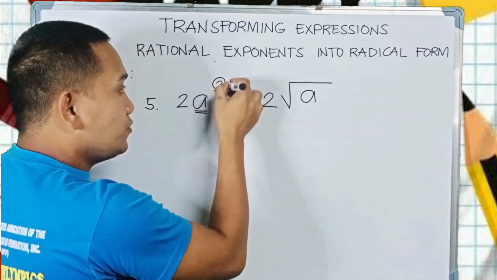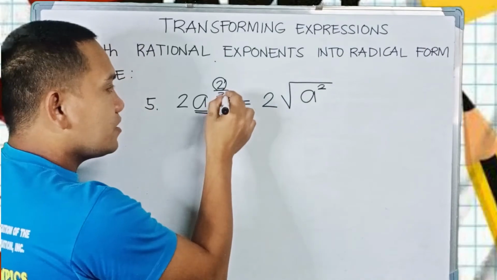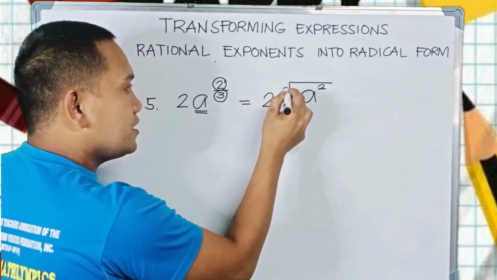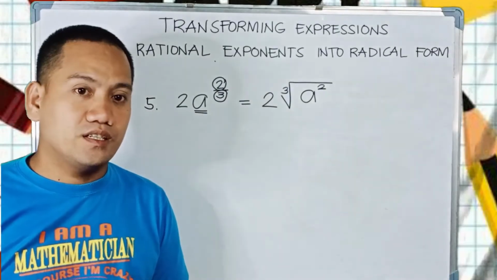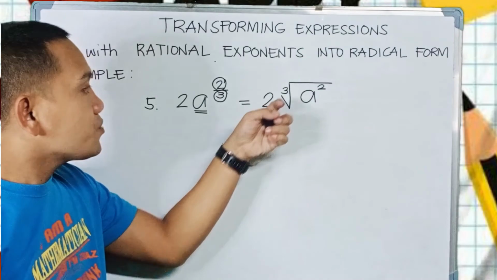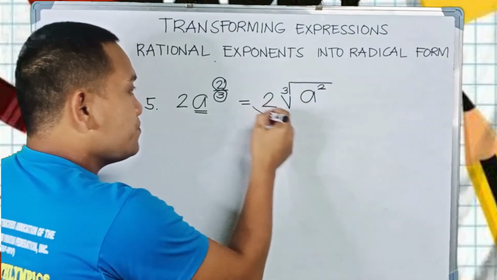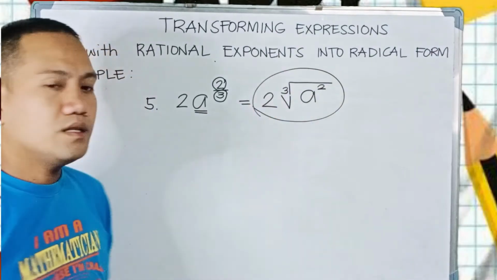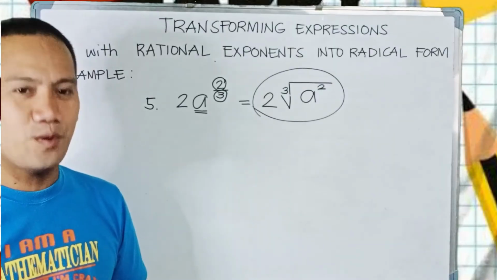The numerator, which is 2, will be the exponent of our radicand. And 3 will be the index of our radical expression. So we can write our radical form now as 2 cube root of a squared. So this would be the radical form of our expression containing rational exponent.